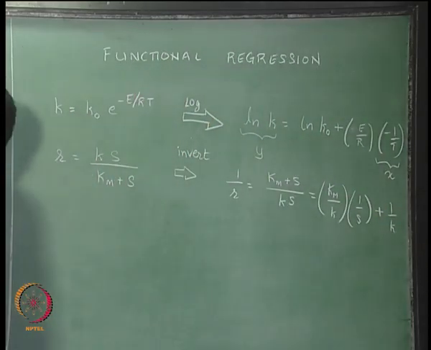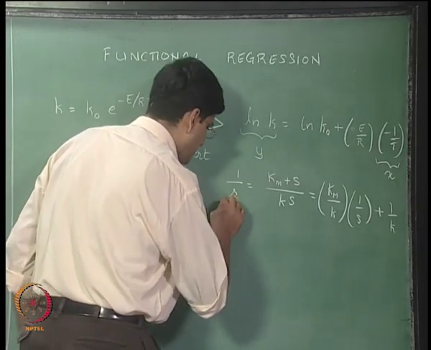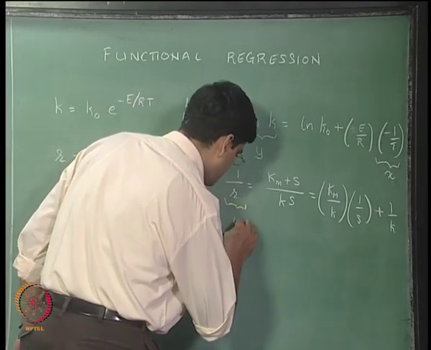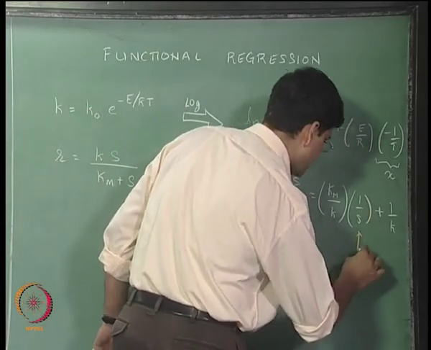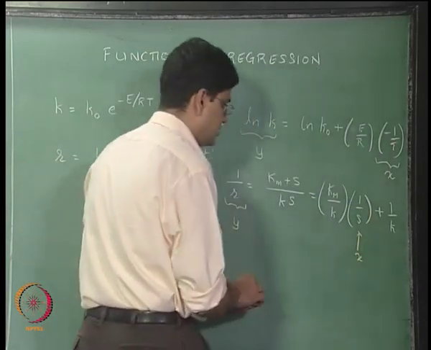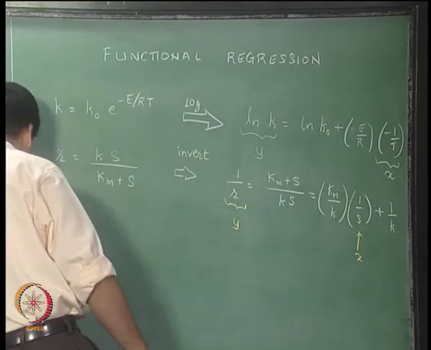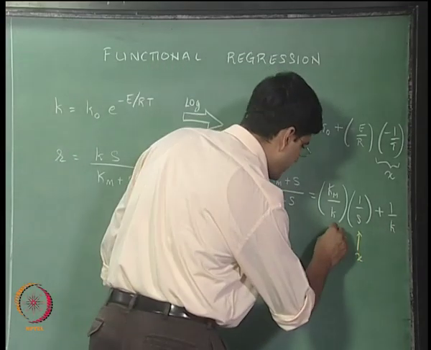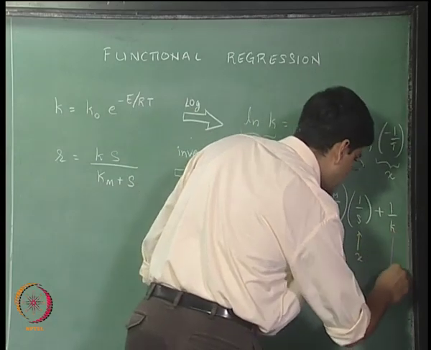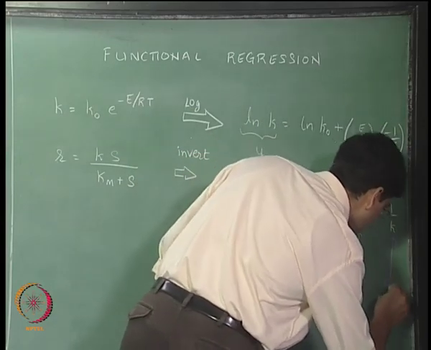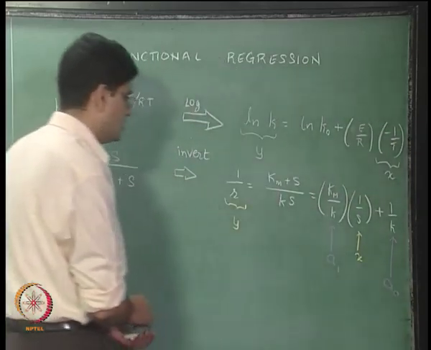So in this particular expression, 1 by r is our y, 1 by S is going to be our x. This particular term that we have, Km divided by k, is going to be our A1 and 1 by k is going to be our A0, okay.